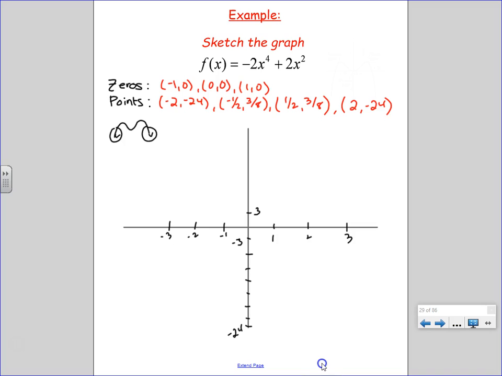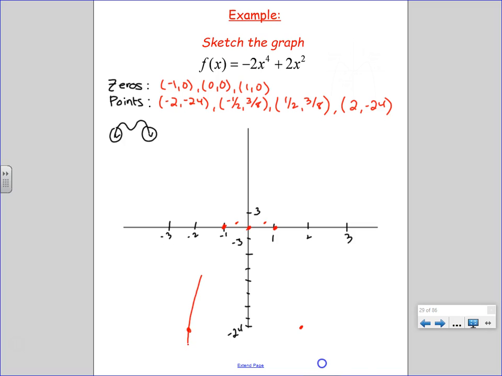So we can go ahead and graph our info and say -1, 0, that's a point. 0, 0, that's a point. 1, 0, that's a point. -2, -24, that's a point. 2, -24, that's a point. -1/2, 3/8. Oh goodness, that's barely up at all, right? And 1/2, 3/8, that's barely up at all.